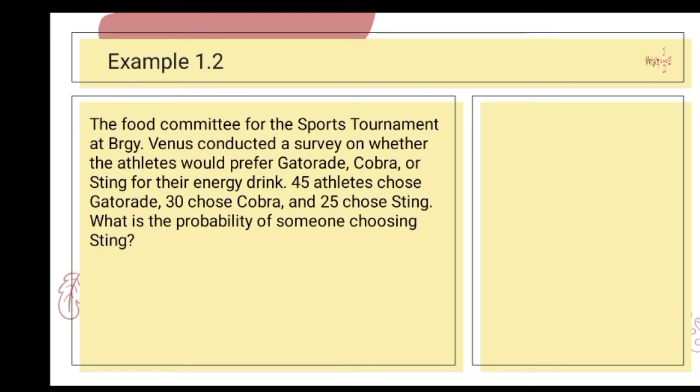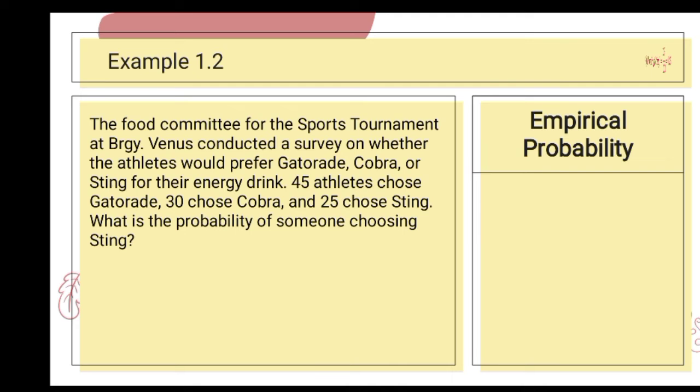Next, we have example 1.2. The food committee for the sports tournament at Barangay Venice conducted a survey on whether the athletes would prefer Gatorade, Cobra, or Sting for their energy drink. 45 athletes chose Gatorade, 30 chose Cobra, and 25 chose Sting. What is the probability of someone choosing Sting? What do you think this type of probability is? This is an empirical probability. Why?